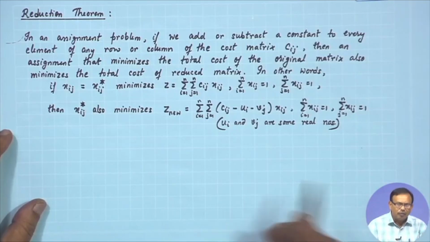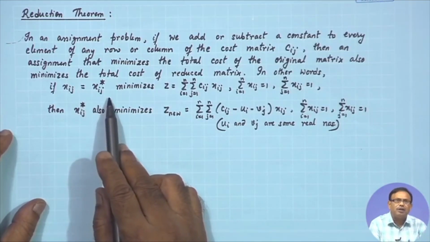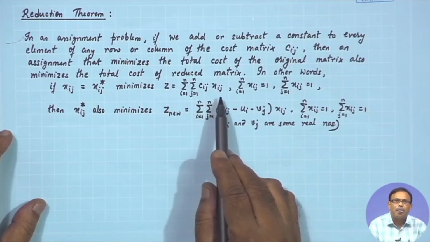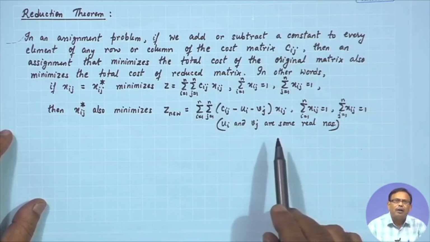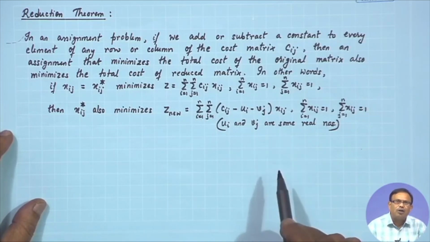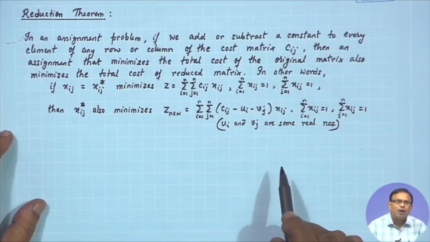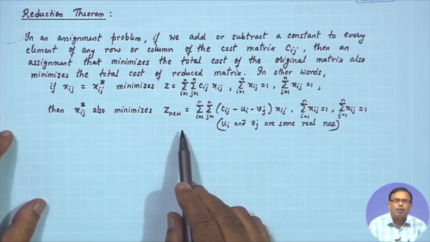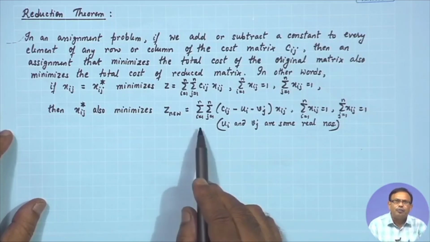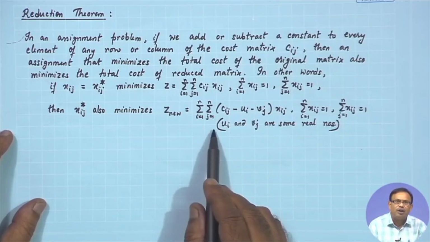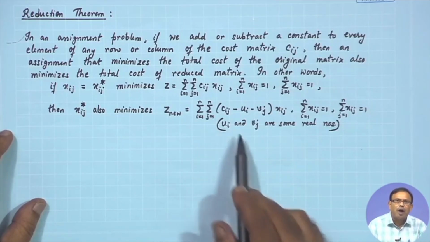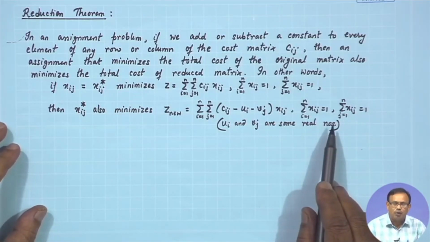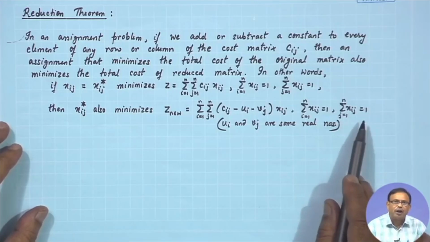Mathematically, I will say if x equals xij star minimizes z equals summation over i summation over j Cij xij, where summation over i xij equals 1, summation over j xij equals 1, then xij star will also minimize another problem, z new equals summation over i summation over j (Cij minus ui minus Vj) into xij, where summation over i xij equals 1 and summation over j xij equals 1.